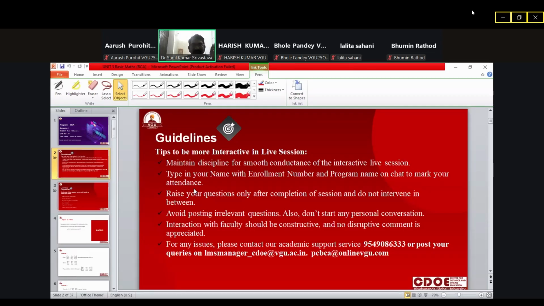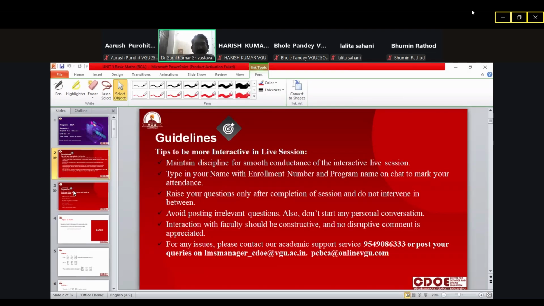Avoid posting any irrelevant questions. Do not start any personal conversations. Interaction with the faculty should be constructive, and no disruptive comment is appreciated. Finally, if you have any issues or queries, you can contact the given academic support number. So these are the guidelines we have to follow during the sessions.